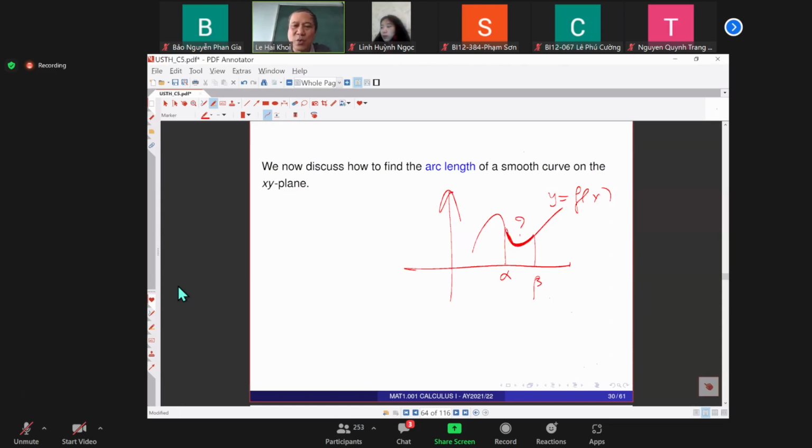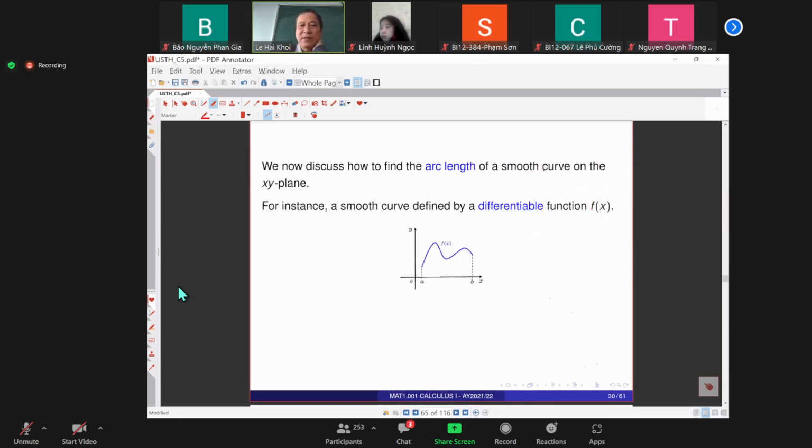If you have a smooth curve here, it means that the derivative f prime of x exists. I already explained the word smooth, right? Okay, so a differentiable function is smooth. I just talked about how to find the arc length. Arc length means the length of the curve from one end to the other end.